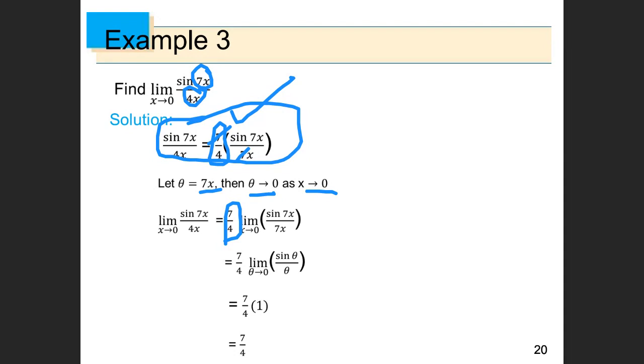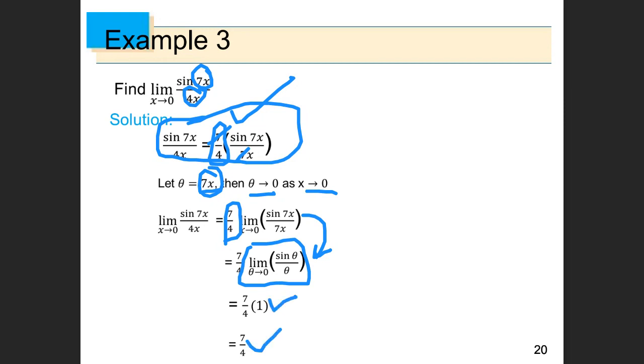We can take this to the special limit, the limit as theta tends to 0 of sine theta over theta, which is equal to 1. So 1 times 7 over 4 is 7 over 4.